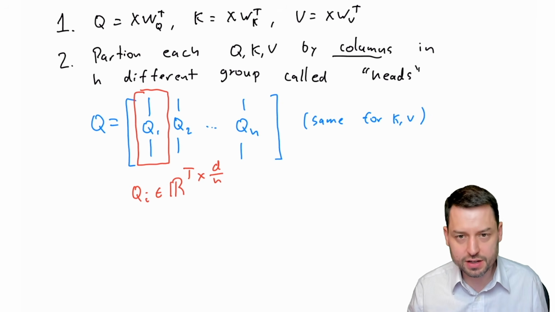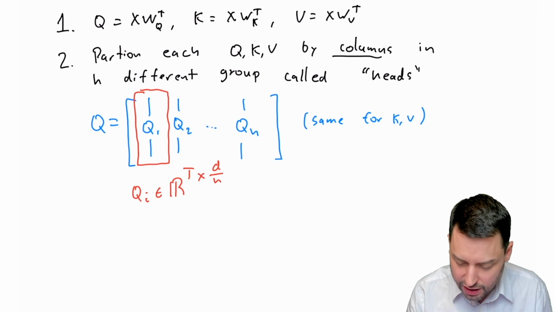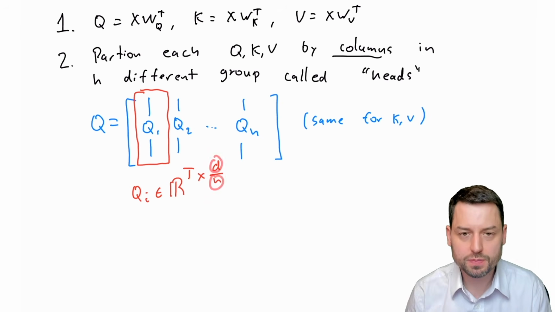So each of these has dimension D divided by H.